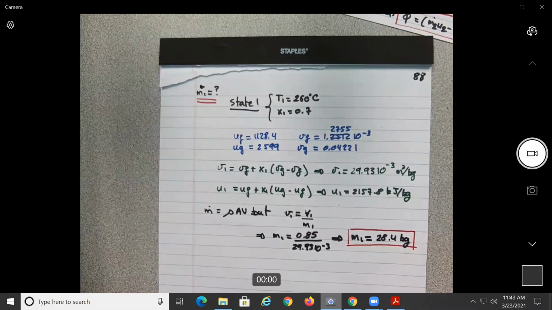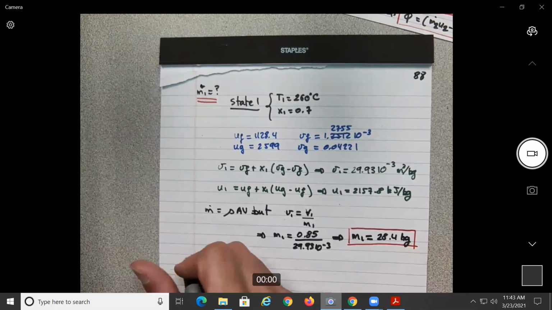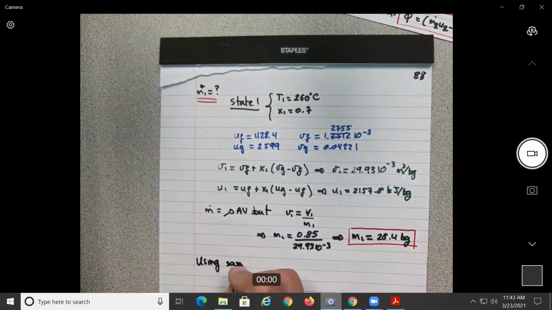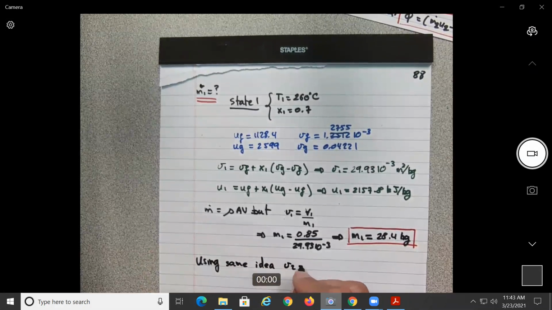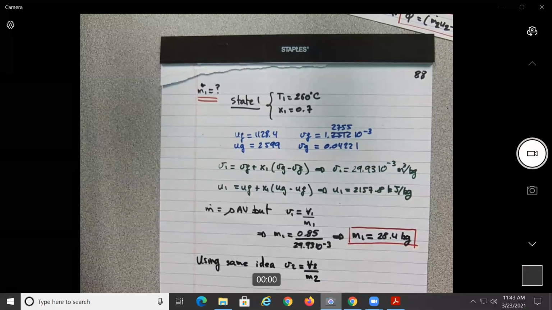All right, so similarly, using the same idea, we know that the specific volume V2 is going to be equal to V2 over M2.